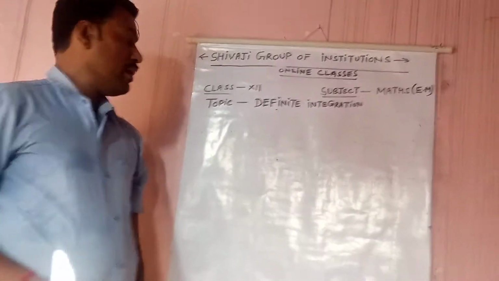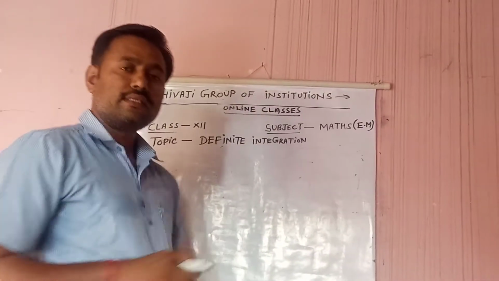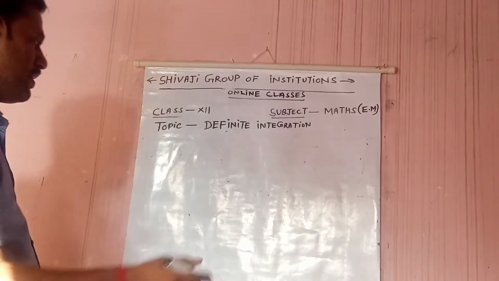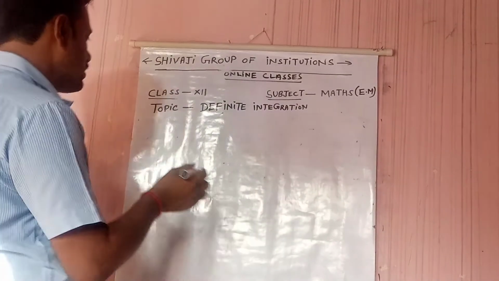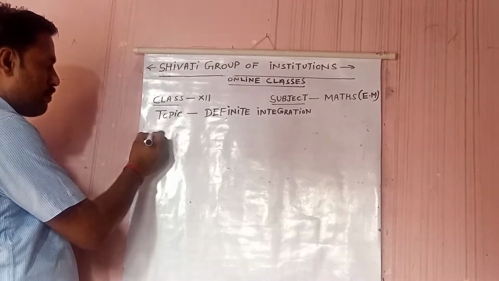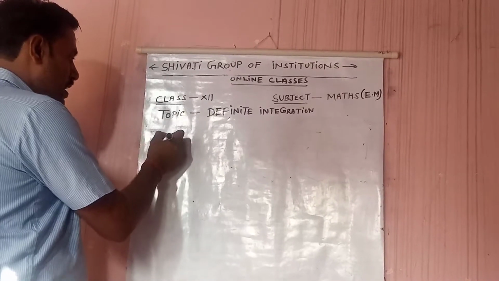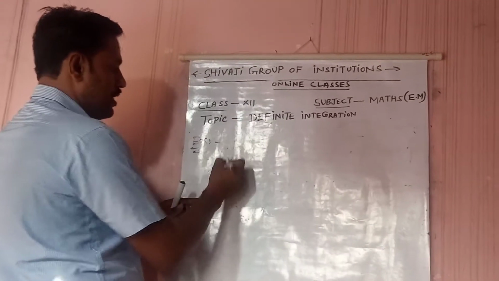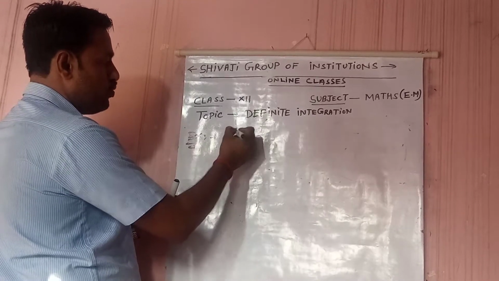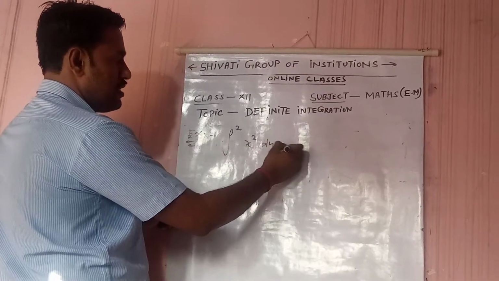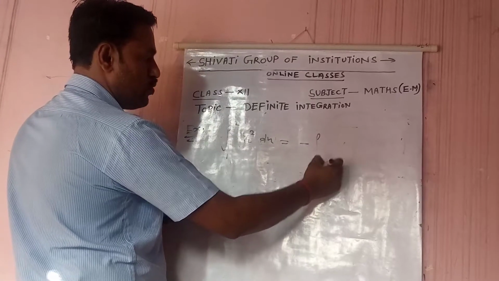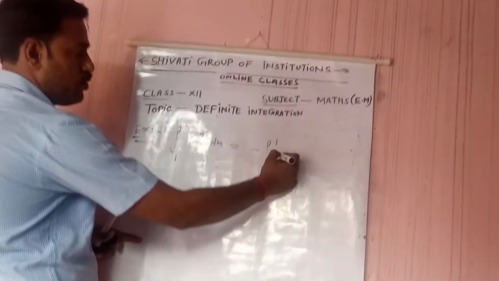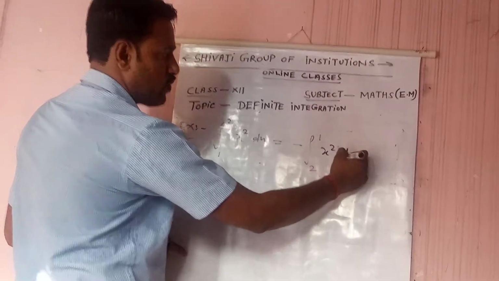So now students, let us take some examples so that you understand how to implement property number 2 in definite integration. That is, verify definite integration property number 2. Example: the integral from 1 to 2 of x square dx is equal to minus the integral from 2 to 1 of x square dx.